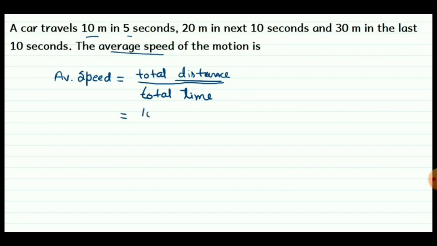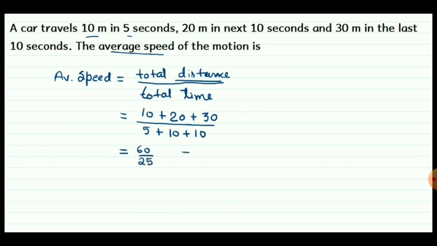So by adding all the distances, we will get the total: 10 meter in the first, 20 meter in another, and 30 meter in the third. The time taken: initially 5 seconds, then 10 seconds, and at last one more 10 seconds. Adding these all, 60 by 25.